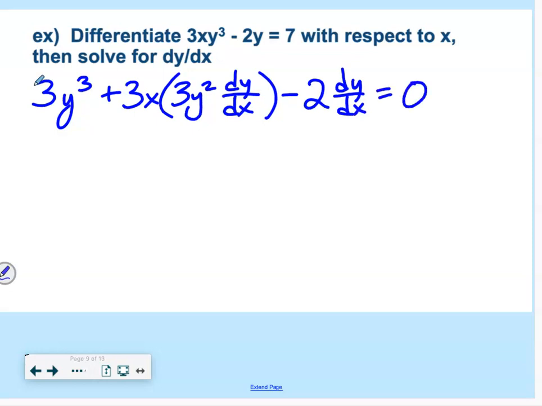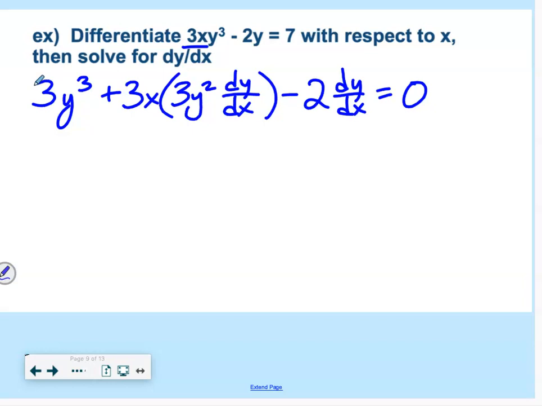You do not write a dy/dx every single time you write the letter y. The only time you multiply by the differential is if you're differentiating the letter y, right? So if you didn't actually take the derivative of a y, like on this first term, we were differentiating 3x, right? So we don't have a differential for this term. Okay, does everyone understand that?